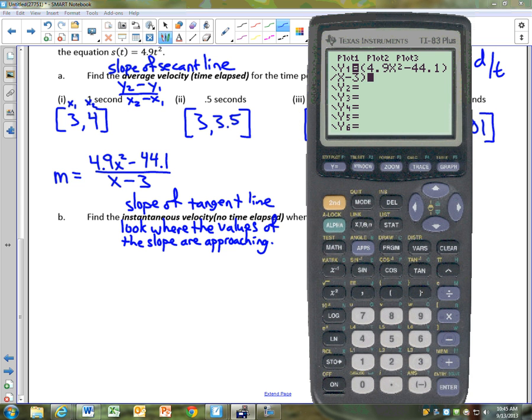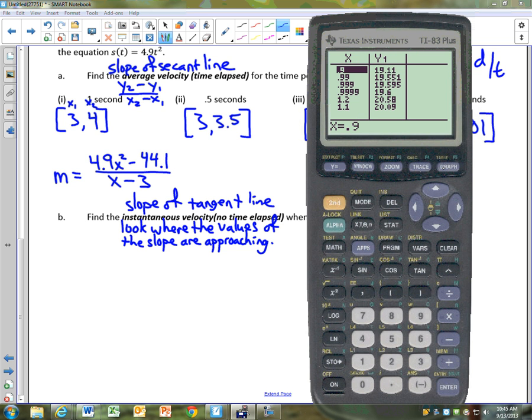Again, you could do this by hand. If you want to plug in 4, square it, multiply it by 4.9, and then take 4 minus 3, go ahead. Or if you want to punch it in your calculator and generate the values using your table, that might be another option. Okay, so let's look at our table.